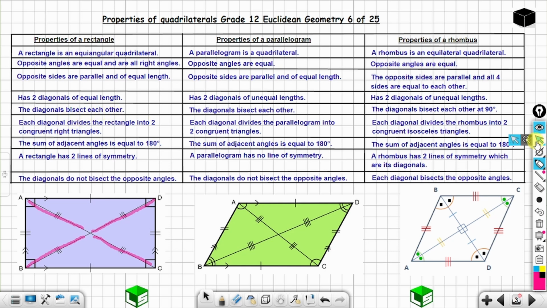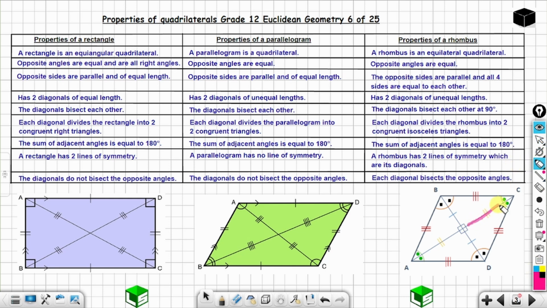Okay, let's carry on. For a parallelogram, the diagonals bisect each other. For a rhombus, the diagonals bisect each other at 90 degrees. Let me get my highlighter.